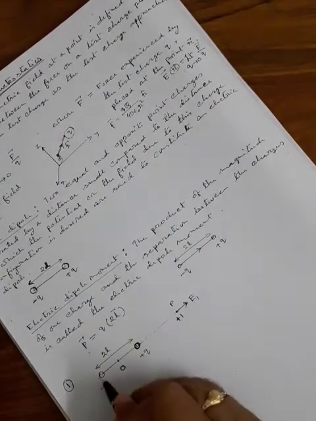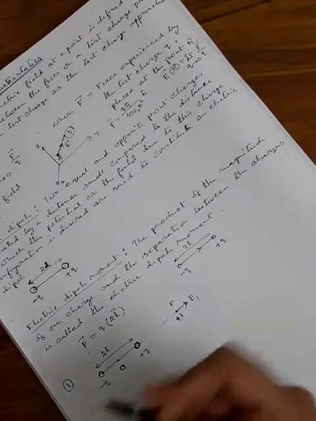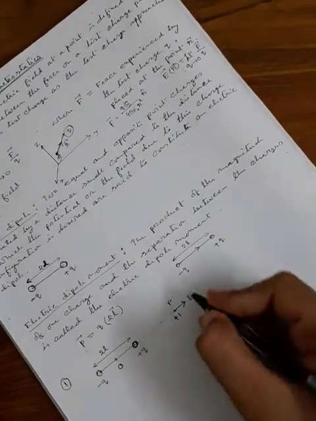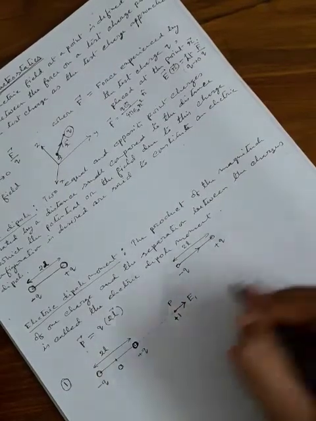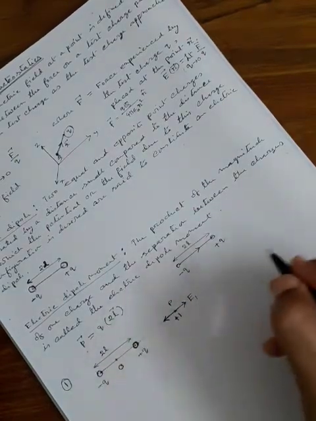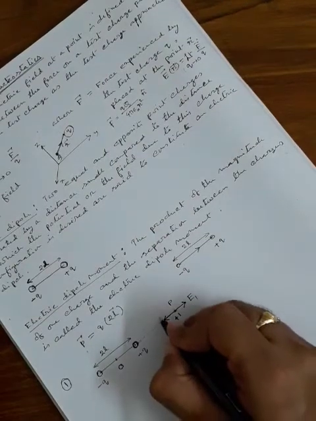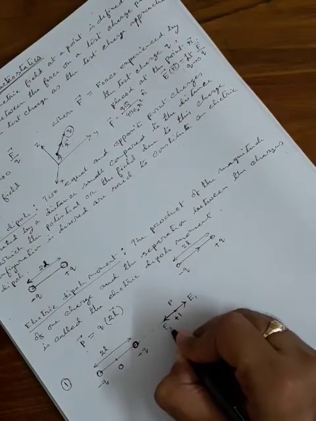Next, due to this negative charge minus q, this unit positive charge will be attracted along this direction, and due to this negative charge the electric field will be along this direction, say E2.